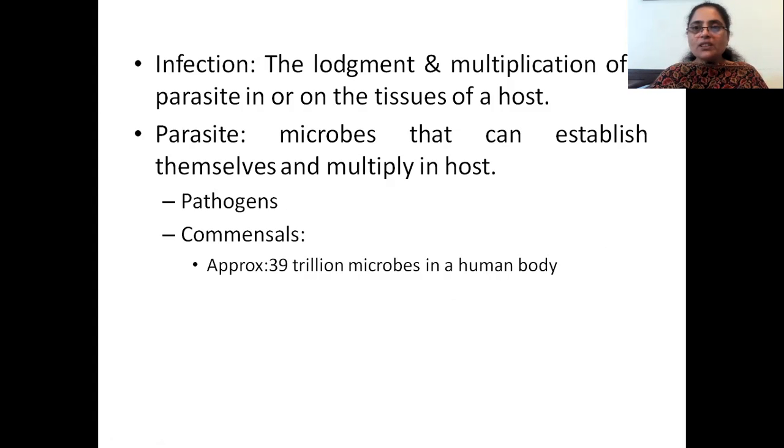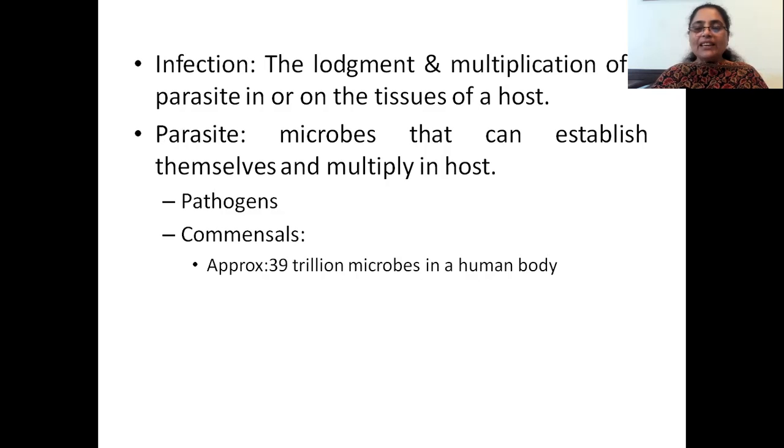It's the lodgment and multiplication of a parasite in or on the tissues of the host. Now, what is lodgment? When a parasite enters inside the body, it finds a base and there it multiplies and replicates.